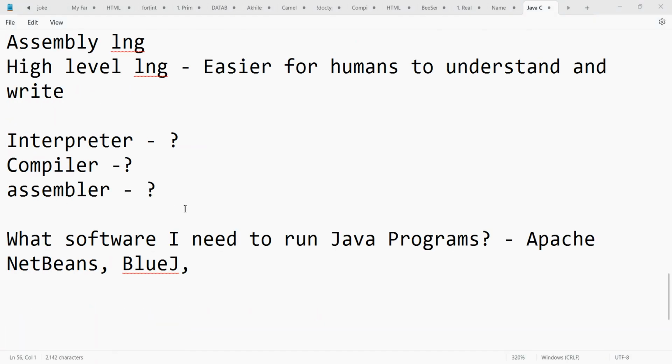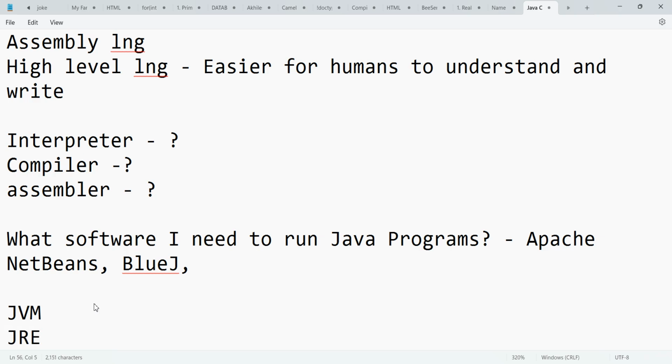Let me ask you all a quick rapid fire. What language does the CPU understand? Is it machine language, high level language, assembly language, or English language? Okay. What is the full form of JVM? Correct. What is JRE?